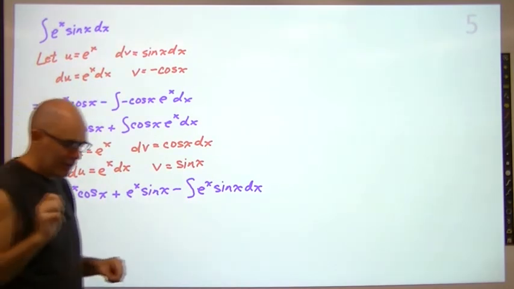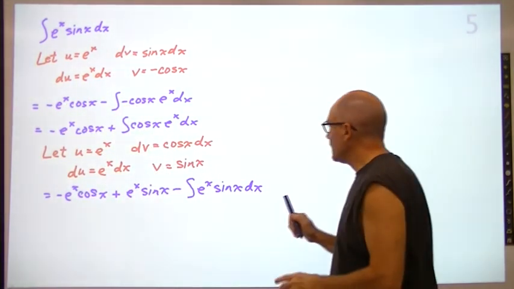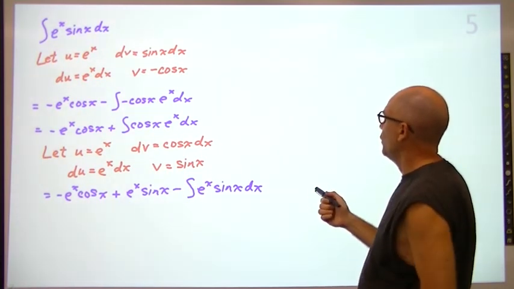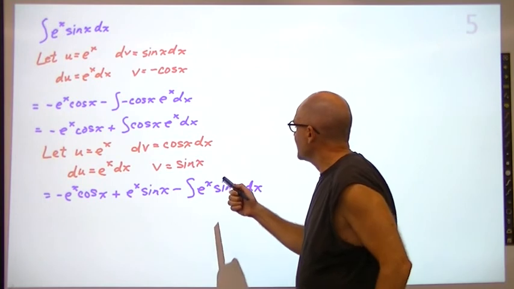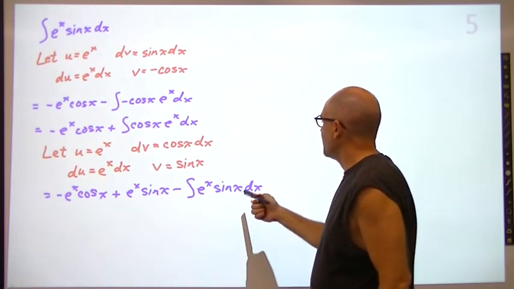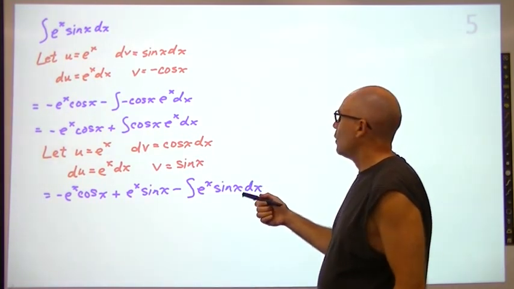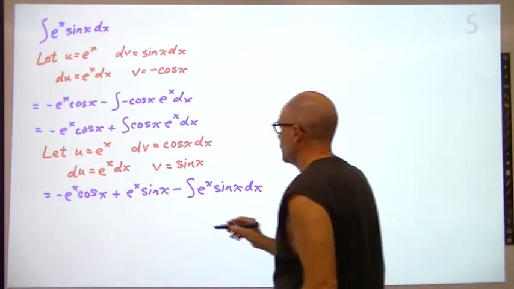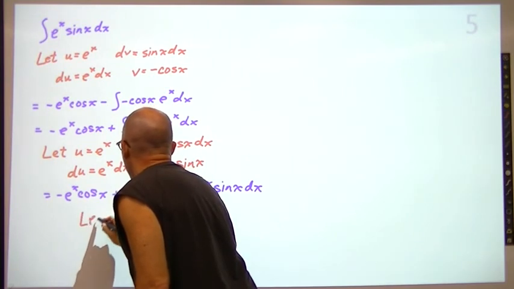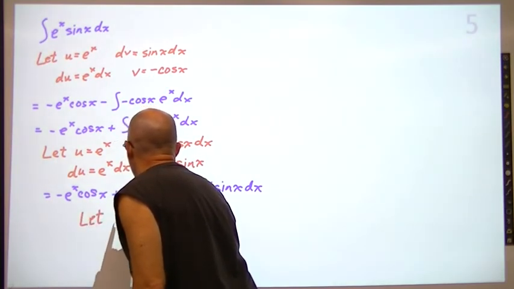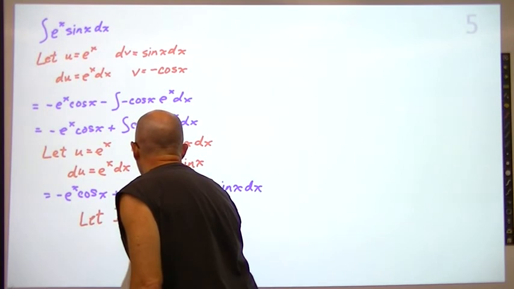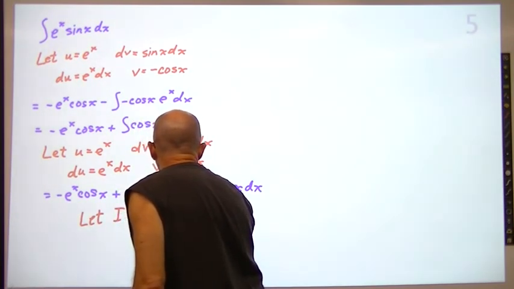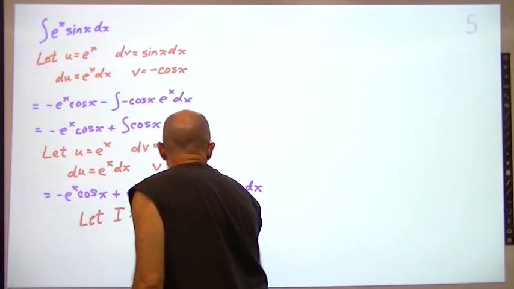All right, now we're about to hit something tricky. Okay, what we're going to do is we're going to let the integral of e to the x sine x equal I. Okay, so we'll just put that right here. Let capital I equal integral of e to the x sine x dx.